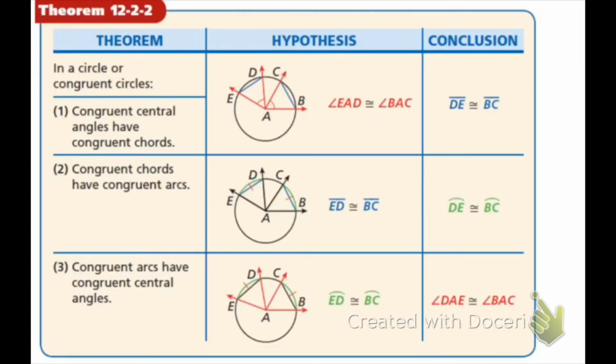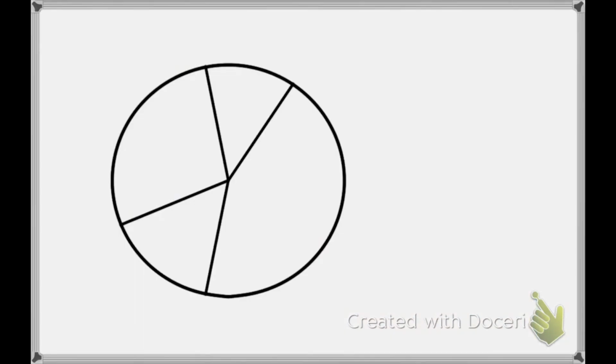Moving on, let's look at our next theorem, and this is using the chords, the arcs, and the central angle. What's the relationship between the chords, the arcs, and the central angles? So remember, here is a central angle. Here's a central angle.